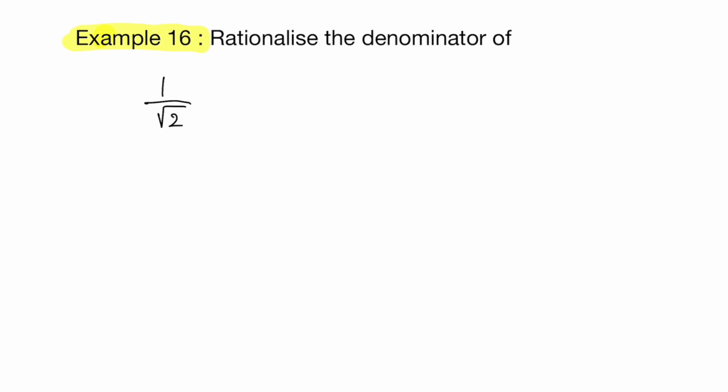I hope you have watched that and you remember that. That is the exact property that we are going to use in this case. We know that root 2 is irrational and we are supposed to rationalize it, and we know multiplying 2 irrational numbers might lead to a rational number.